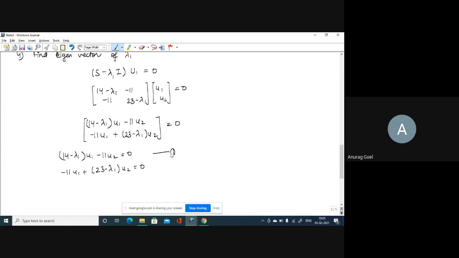Using these two equations, you can put in the lambda 1 value and solve for u1 and u2. The u1 vector would come as 11 and minus 16.3849.